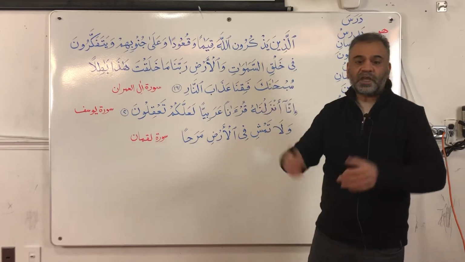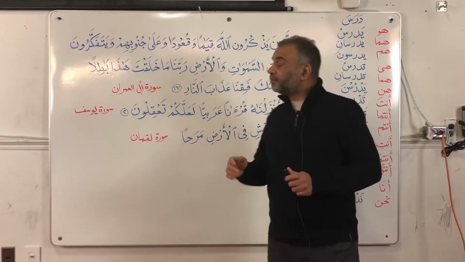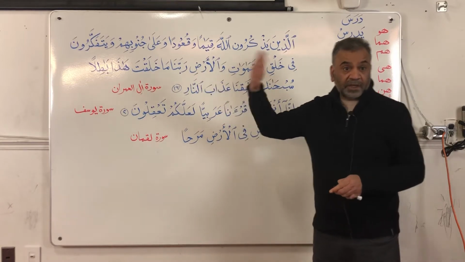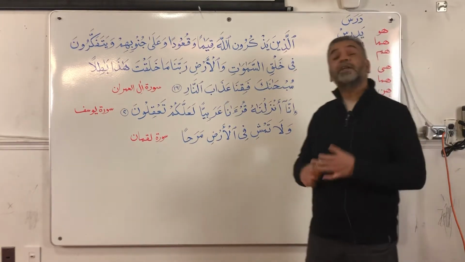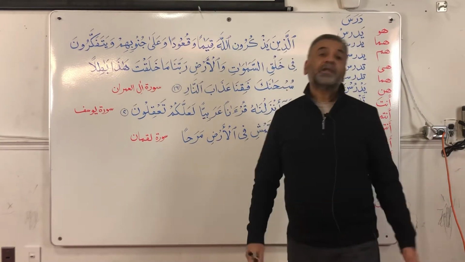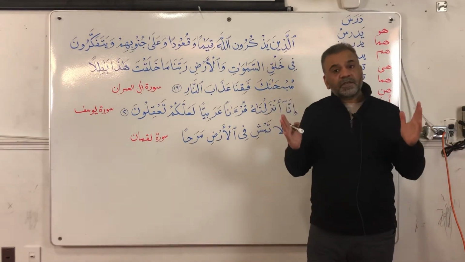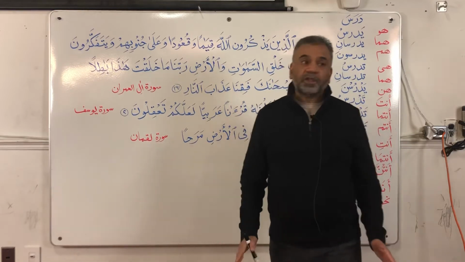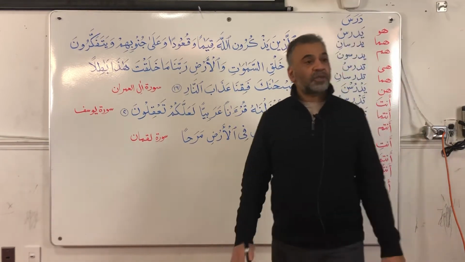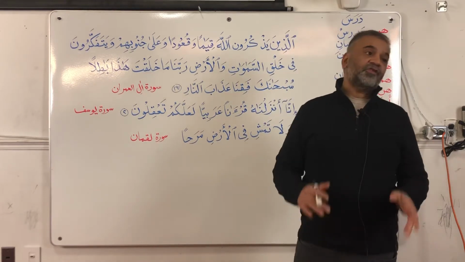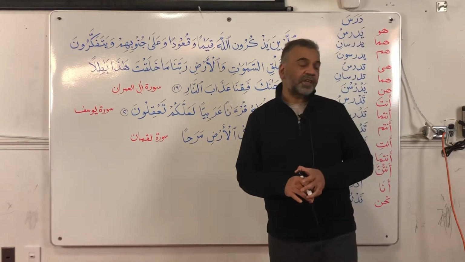I am just saying, or thinking about, or zikr of Allah subhanahu wa ta'ala, or mentioning of Allah subhanahu wa ta'ala. In what condition they do it? Qiyaman, while they are in a state of standing, or a condition of standing, or circumstances where they are standing. So this is your hal, circumstantial adverb.